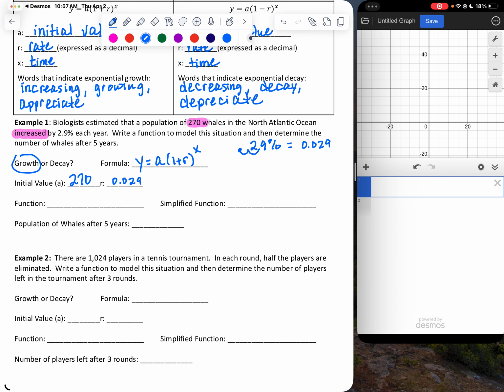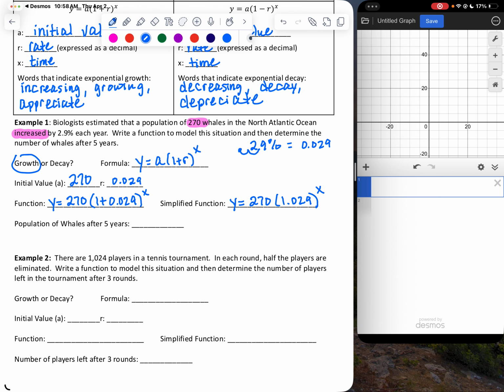All right, so your function will be y equals our initial value, 270, times the quantity, 1 plus the rate, to the x power. So our simplified function would be y equals 270, combine what's in the parentheses to get 1.029 to the x power.